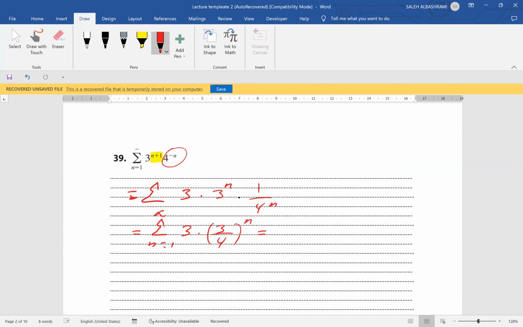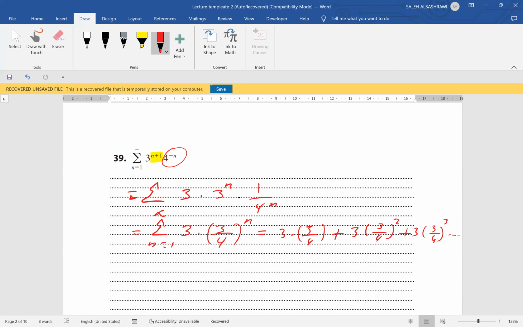So if we just expand it, I will have 3 multiplied by 3 over 4 to the power 1, plus 3 multiplied by 3 over 4 to the power 2, plus, for the third term, 3 times 3 over 4 to the power 3.